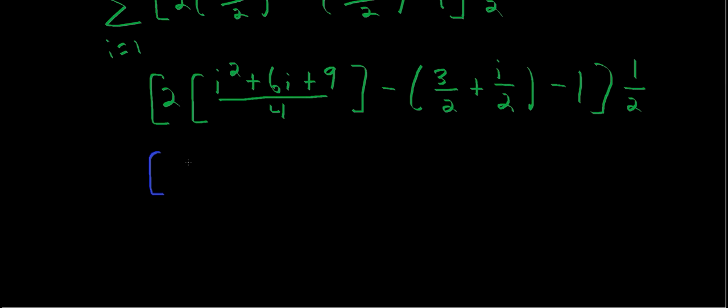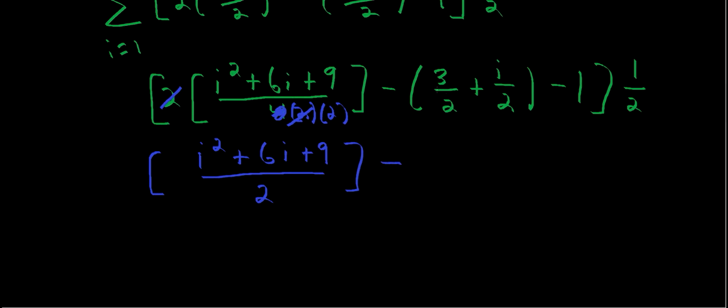So now we have I squared plus 6I plus 9 over 2. And if you don't understand how I did that, this is the same as saying 2 times 2 over 4, and then this 2 canceled one of these 2's, and now I have a 1/2 here. Minus, let's distribute our negative sign, 3/2 minus I over 2, and then this still stays minus 1, and we still have everything being multiplied by 1/2.